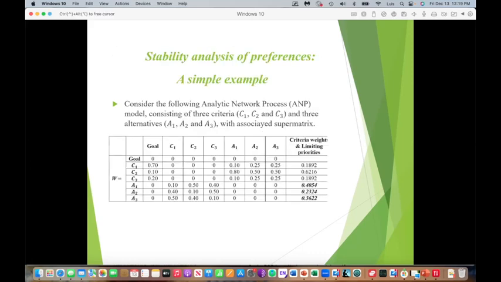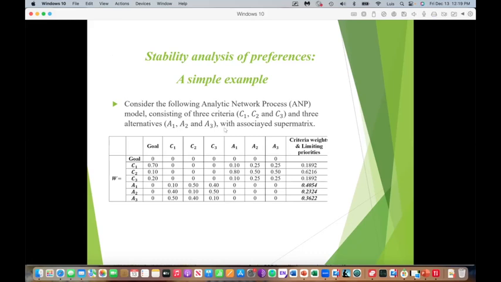So here is a very simple example of the stability of preferences so you understand it. This is a case with three criteria and three alternatives. The reason for three criteria is that you only need to change the priorities of two of the criteria, because they have to add up to one, obviously. So I can make a three-dimensional picture.